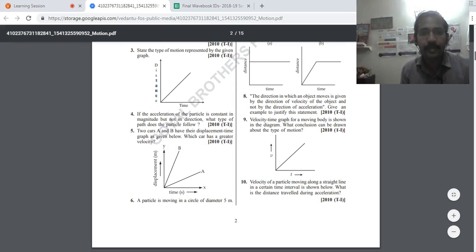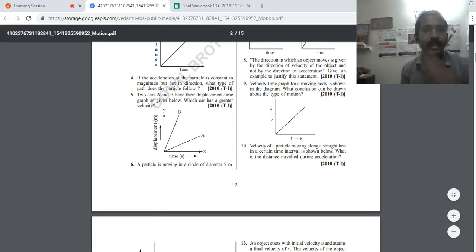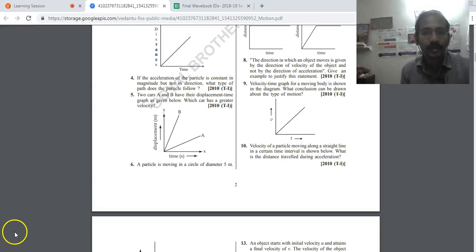Fourth one. If the acceleration of a particle is constant in magnitude but not in direction, what type of path does the particle follow? A non-uniform path. Again, if the acceleration of a particle is constant in magnitude but not in direction, what type of path will it be?